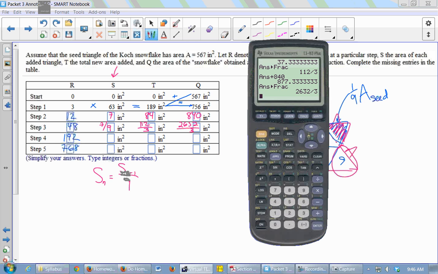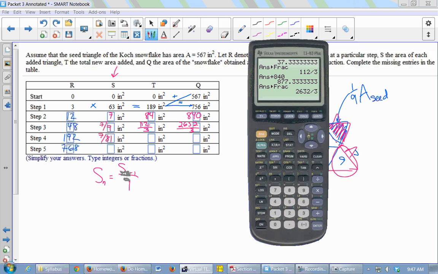Do you kind of see the pattern? One more time, okay. Each S is 1/9 the previous S. So 7/9 times 1/9 is 7/81. So that is the area of each new itty bitty triangle added on in step 3.